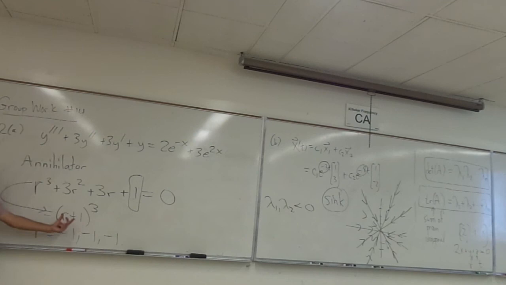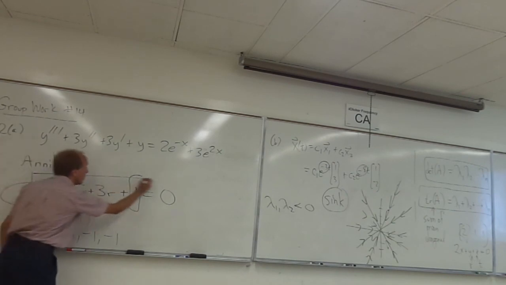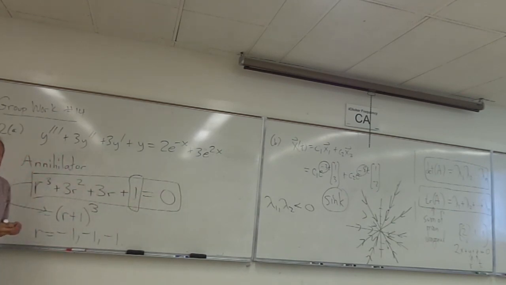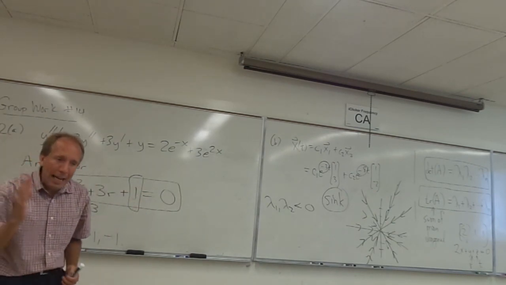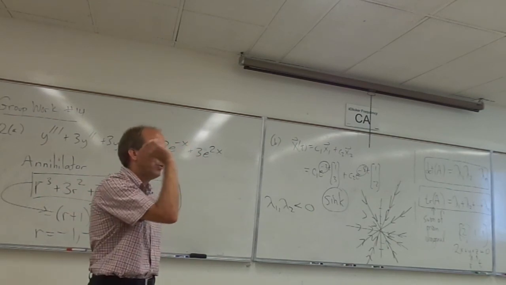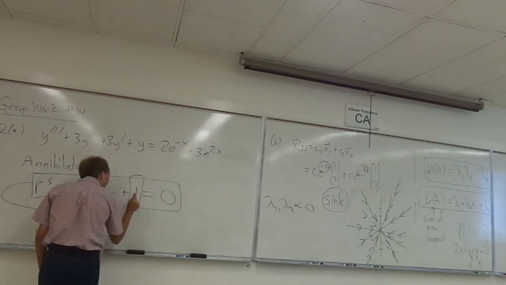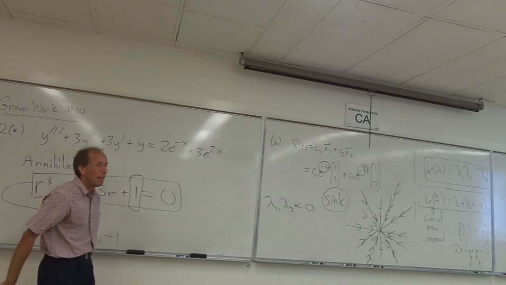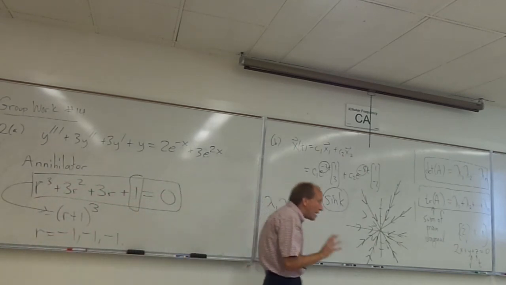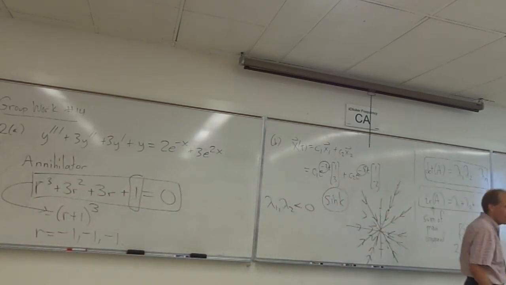Even if you didn't notice that it factors nicely, if you remember the trick, the only candidates for roots are numbers that divide ±1, at least the only rational candidates. If pi is a root, some irrational number like that, well then I can't help you.